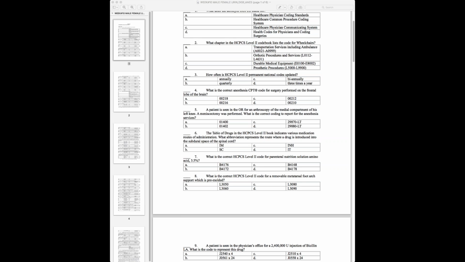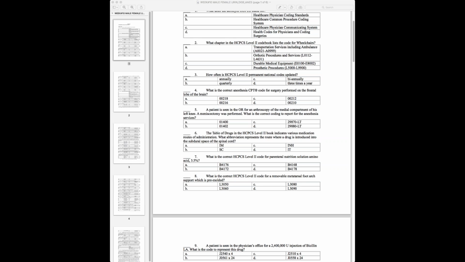The correct code that you would need for number 31 would be 54417, which indicates the replacement of the prosthesis through an infected field. So that's important too, right? Infected field, make sure you highlight that. So number 31 would be B as in boy.